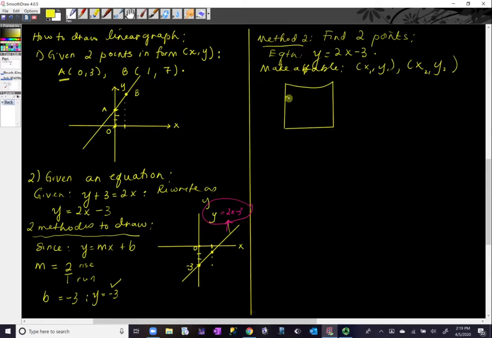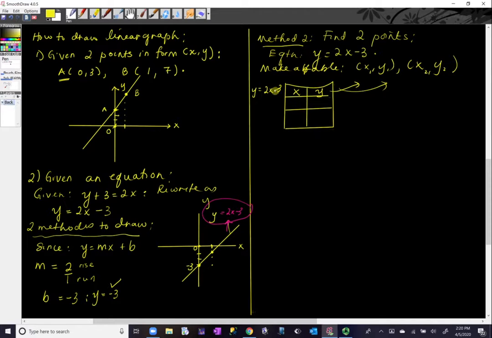Okay, so we're going to draw straight lines and straight lines, and finally a straight line and a straight line. So my first column is going to be x, the second column is going to be y, and this is where I'm going to get all these values right here. So that's going to be for the equation y equals 2x minus 3.